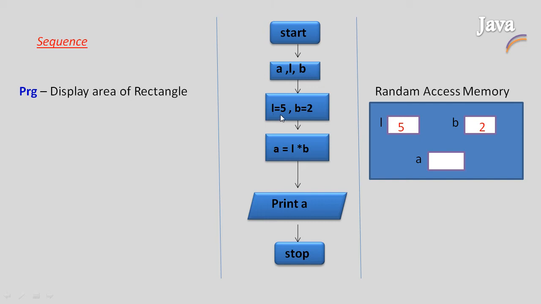L is 5, so the value of variable L is 5. B is 2, so B is 2. And when the calculation takes place, the resulting value is going to be stored inside A, and then it's going to be printed on the screen. So this thing we have understood in the flowchart.